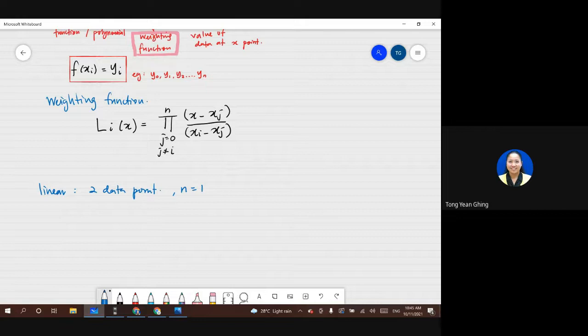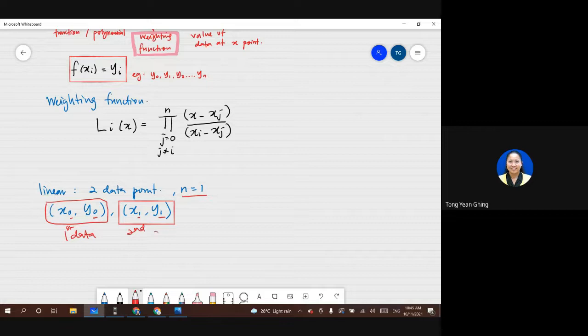We will have x naught, y naught, and then x1, y1. Why I say n until 1 is because here we start from 0. That means we only have 0, 1 until 1. This is two data points: this is the first, and this is the second data point.